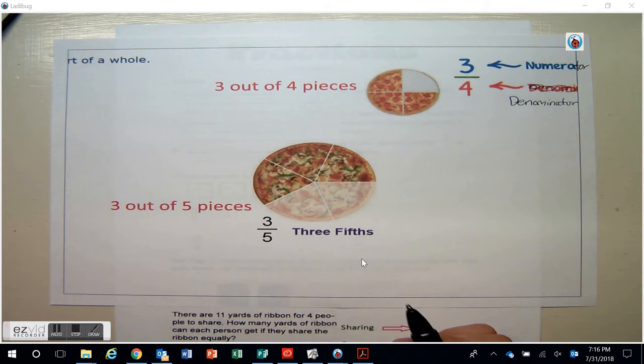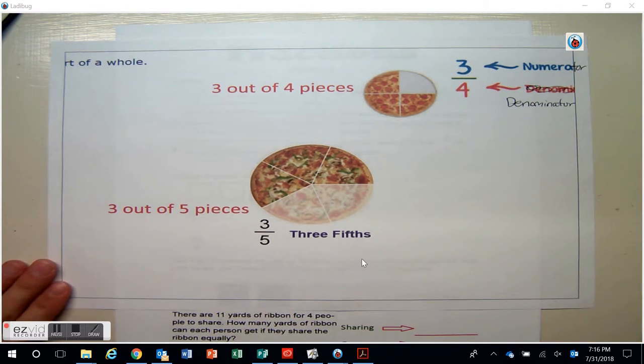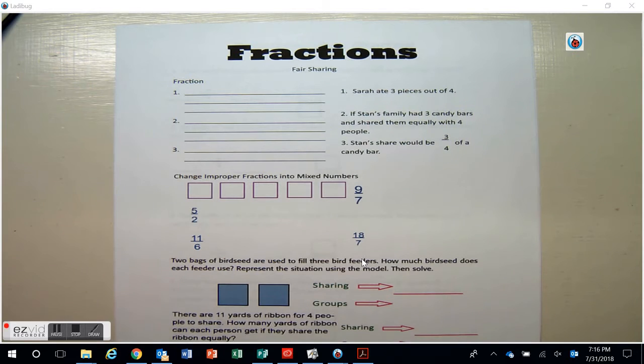The 3 is my numerator, and the 4 is my denominator. Vocabulary words that we need to know: numerator, top number, denominator, bottom number.